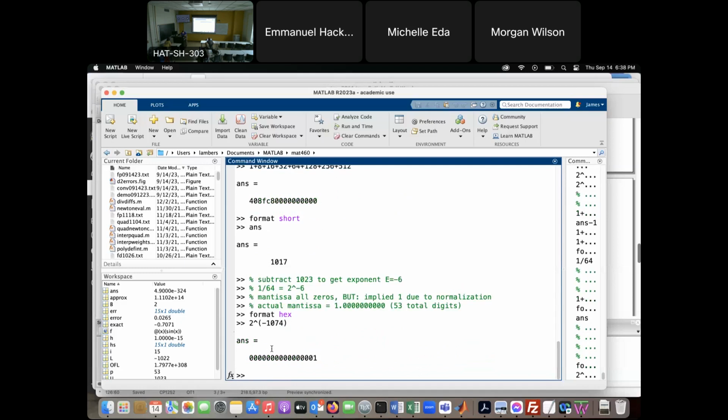In this case, all the bits are 0. So we have the sign bit 0 for positive, the exponent is equal to minus 1023, and then the mantissa is equal to 2 to the minus 52.